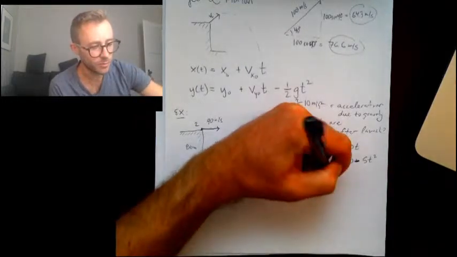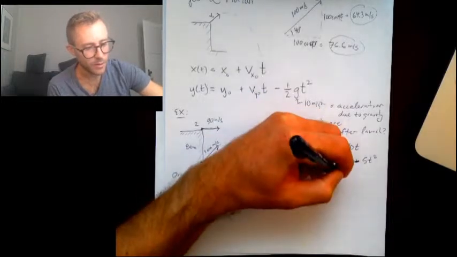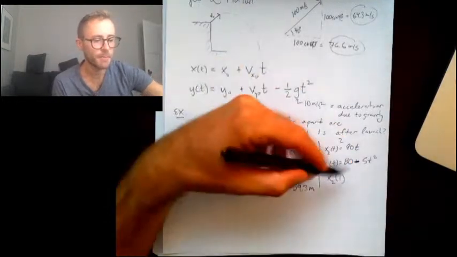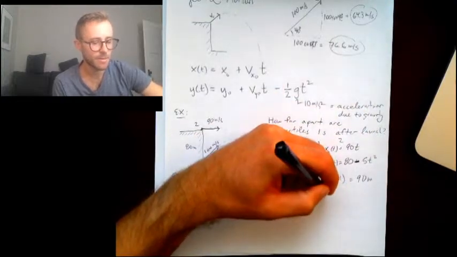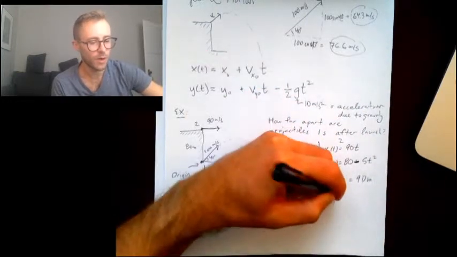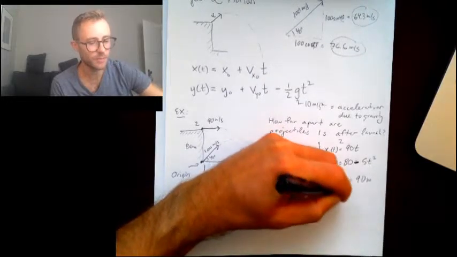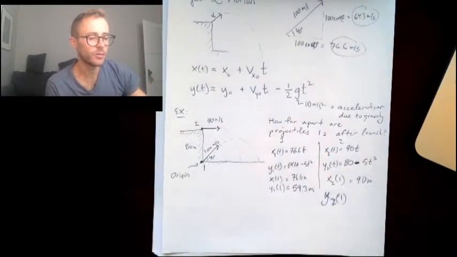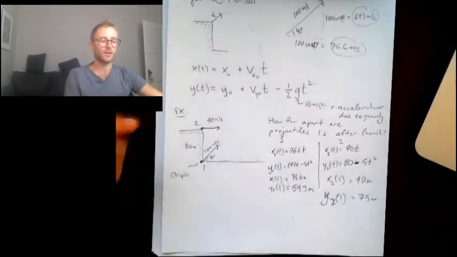And then for the second projectile at 1 second, you have 90 meters. And the y coordinate, excuse me, y2 of 1 is going to be 75 meters. Okay?